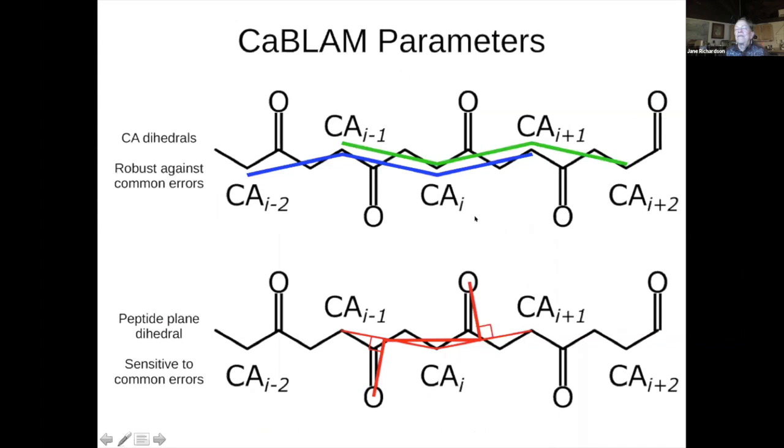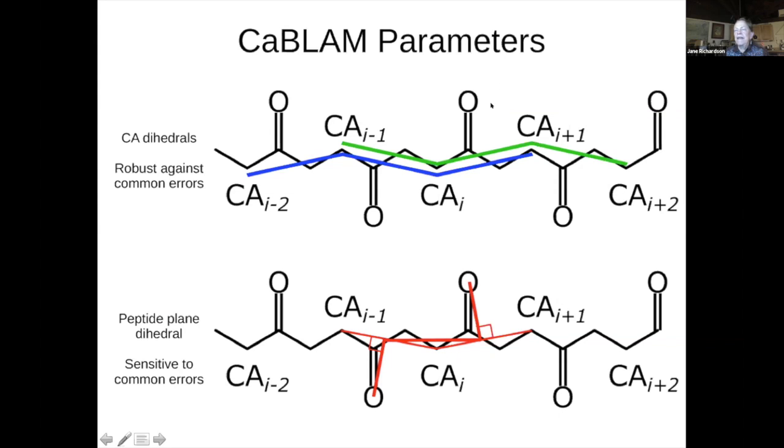So our favorite tool that is helping people fix a lot of problems is called kablam. It was invented and implemented by Christopher Williams in our lab. And what it does is use multi-residue virtual dihedrals between the C alphas. So one of these dihedrals is coming into the central residue and the second one's going out.